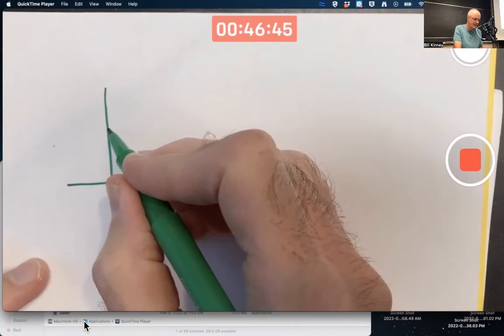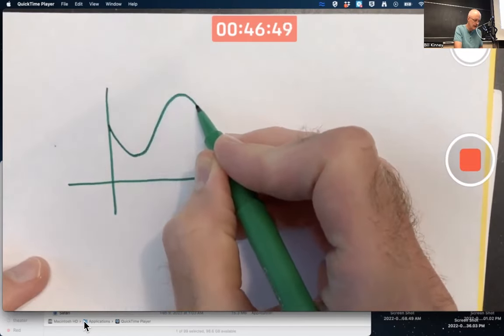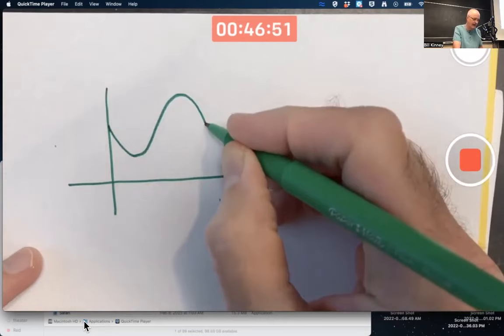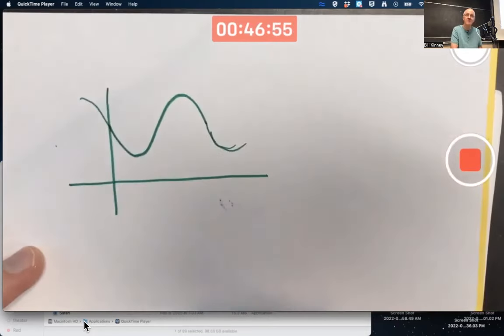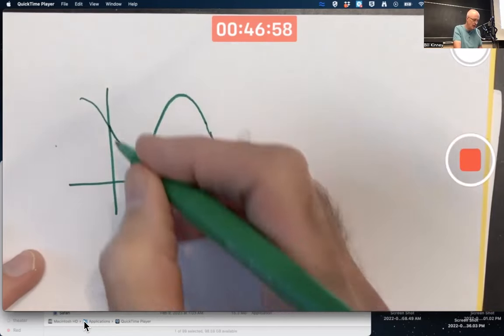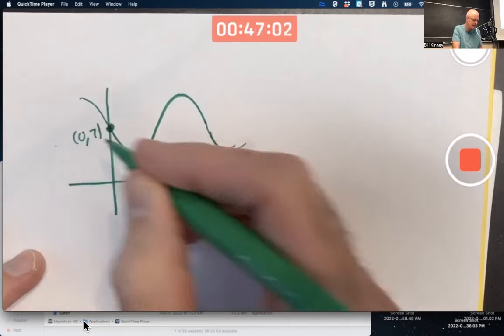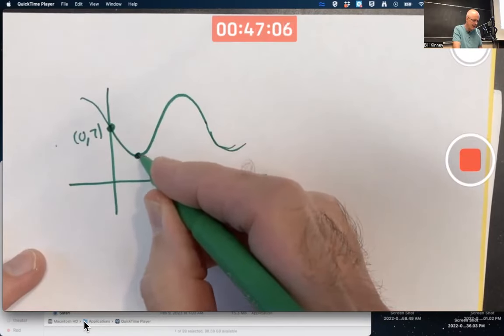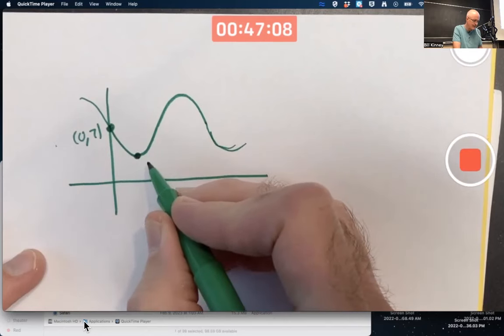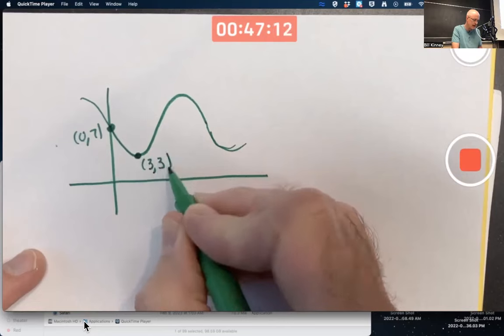Let's say we have a graph that looks like this. And it does continue on forever like that. It's periodic. And let's say we know this point is the point 0, 7. And let's say this point right there is the point, let's make it be 3, 3.